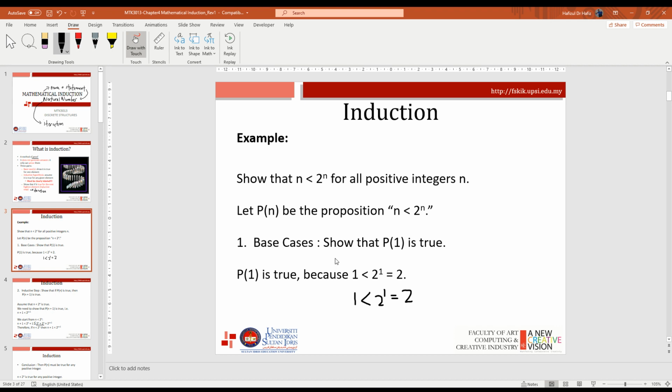Okay, this one is a base case. Base case is to prove the most basic case.